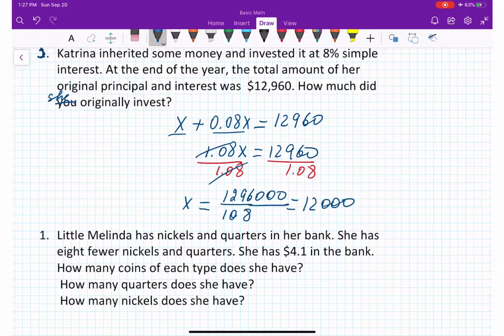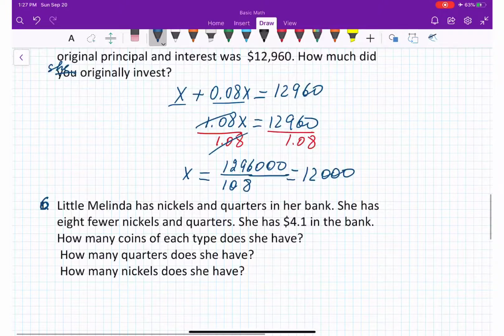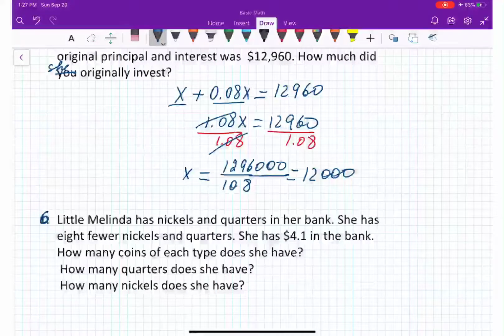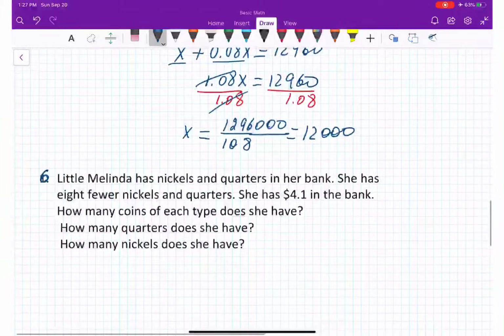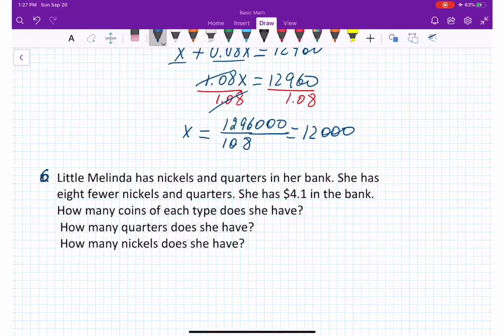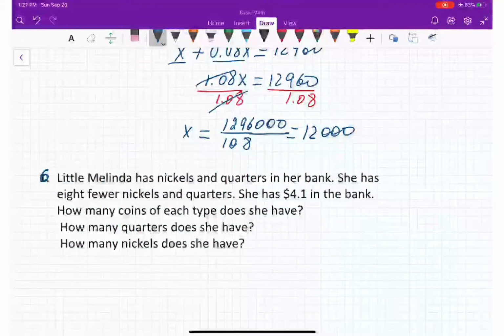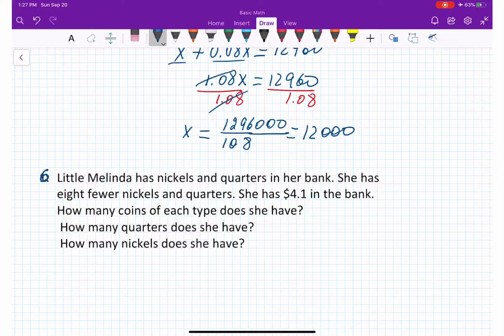Next question, question number 6. Little Melinda has nickels and quarters in her bank. She has 8 fewer nickels than quarters. It's supposed to be "than".